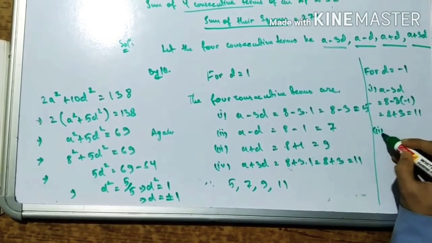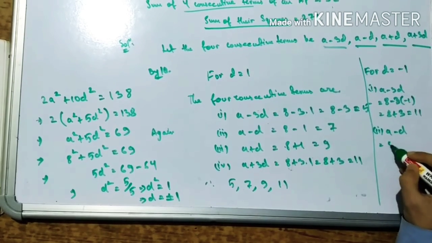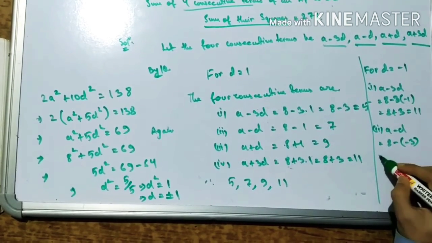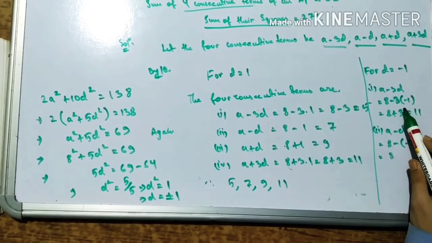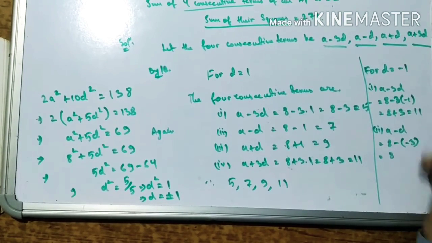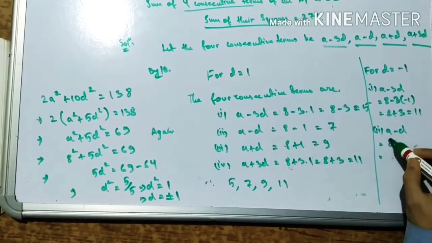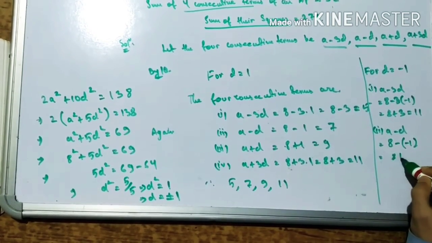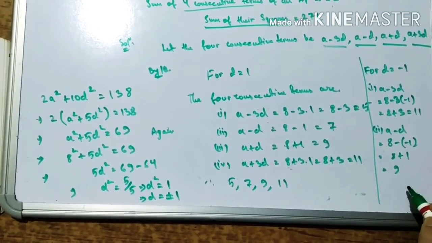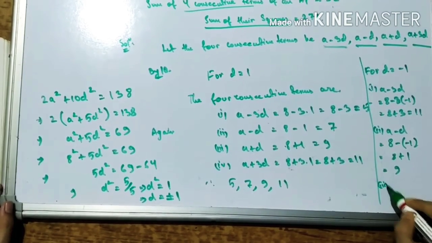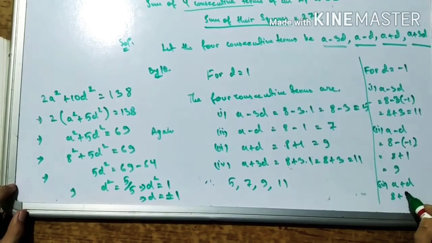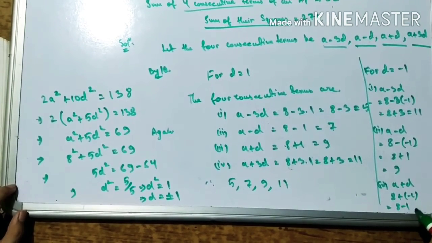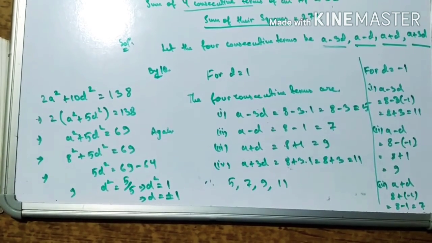Next, a minus d, 8 minus minus 1, 8 plus 1, which is 9. Then a plus d, 8 plus minus 1, so 8 minus 1, which is 7.